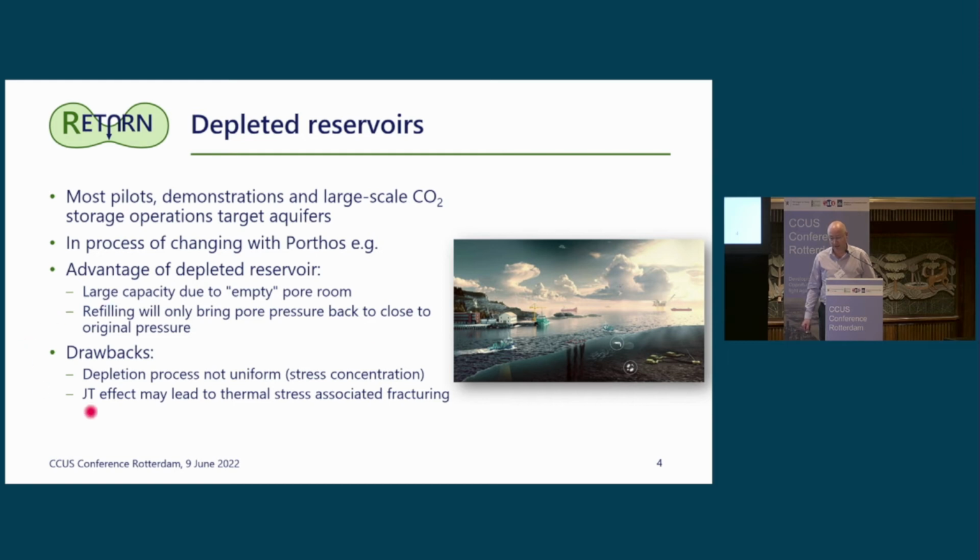The drawback is that we know that the depletion process, so the reduction of the pressure when we were producing the oil and gas, is not a uniform process in terms of the stresses, the forces on the rocks. So even though the fluid pressure is uniformly reduced, as was also alluded to in the last presentation, you have these stress arching or stress concentration effects, which mean that you have to be careful to see how you will reverse this process.